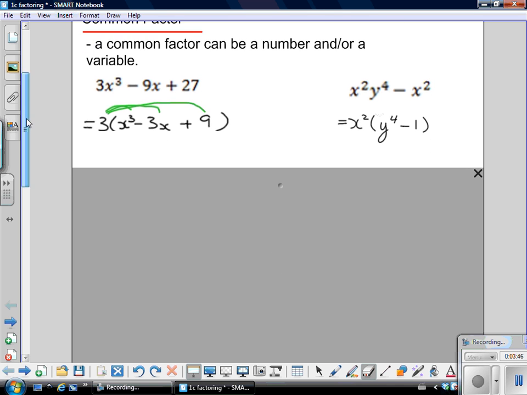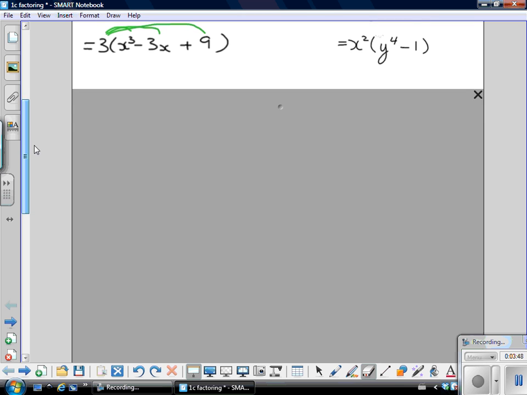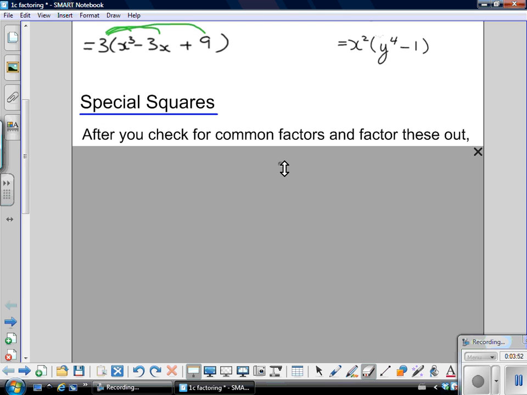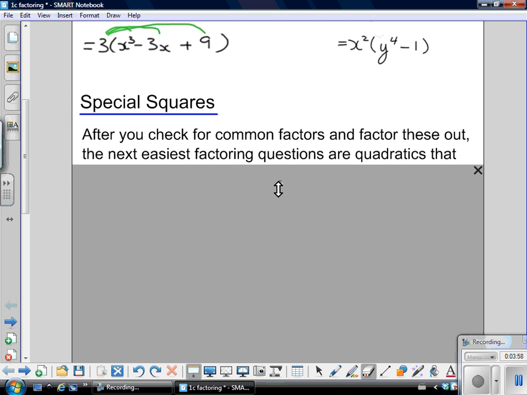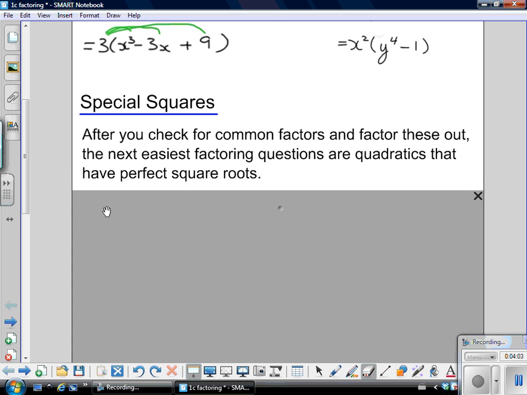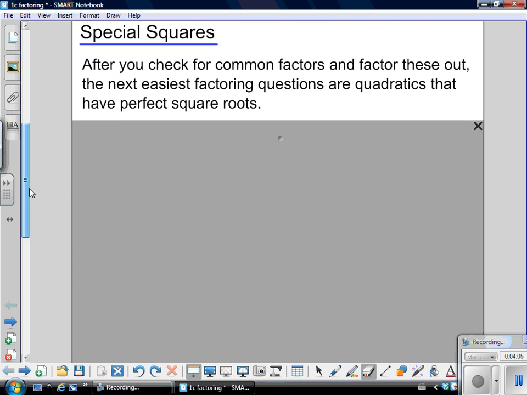Then I move on to the next easiest. The next easiest is what we call the difference of or special squares. I've gone through the common factors, and this is the next easiest. We're looking for things that have perfect square roots.